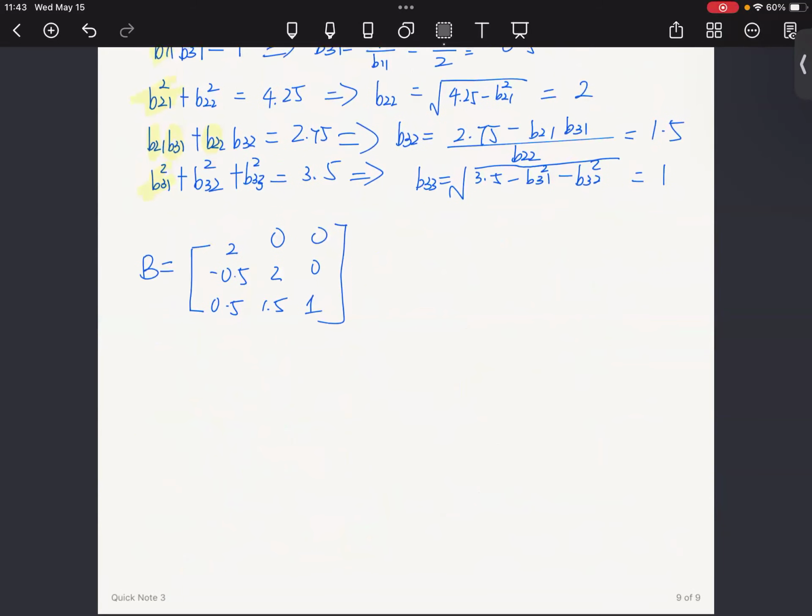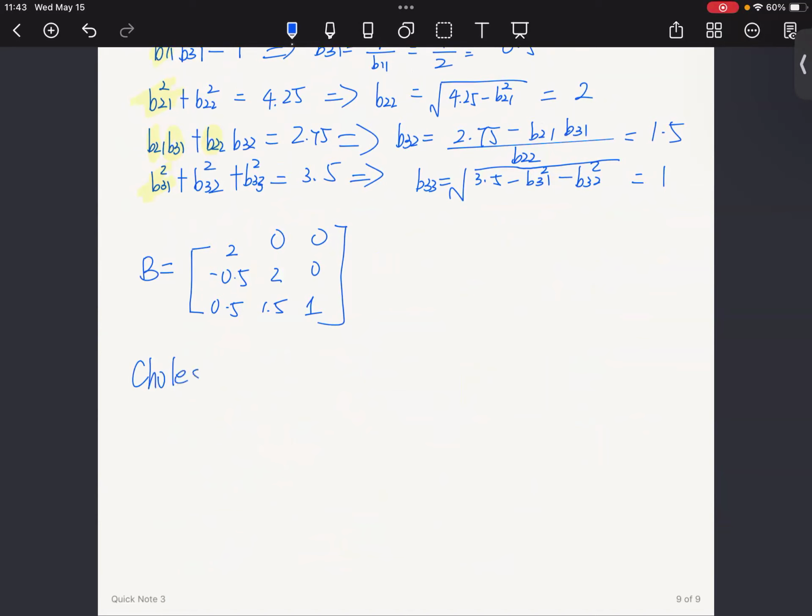This is the Choleski factorization algorithm. I'm going to mention this, but you don't need to memorize the general algorithm. I just mention it because I want to compare this with the LU factorization.